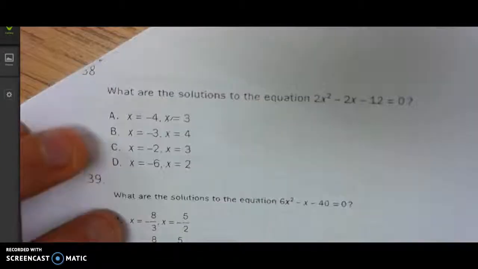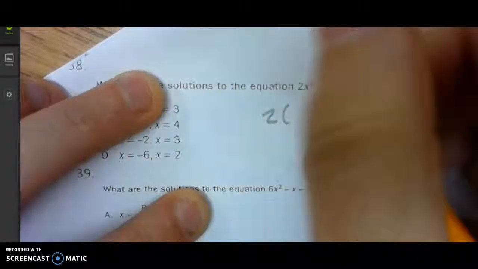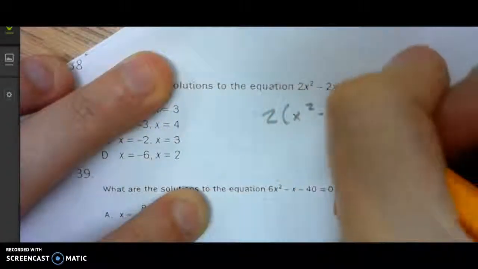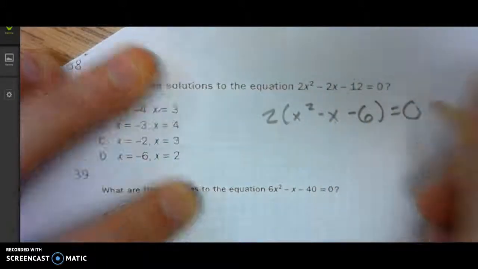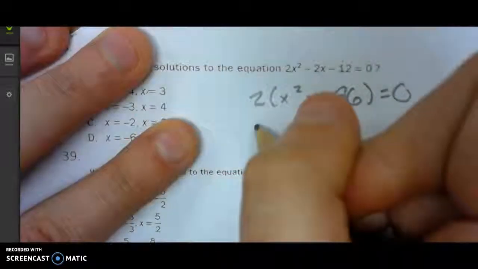Number 38. What are the solutions to this? Let's go ahead and factor out this 2, because I look at these and I see, yeah, those definitely all have a 2 in them. Go ahead and solve this. Different signs because it is negative.